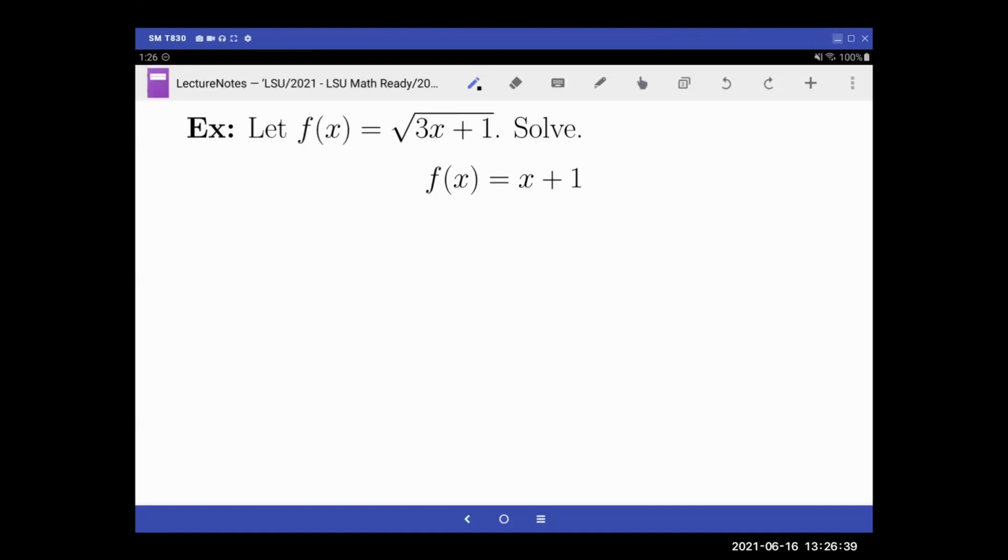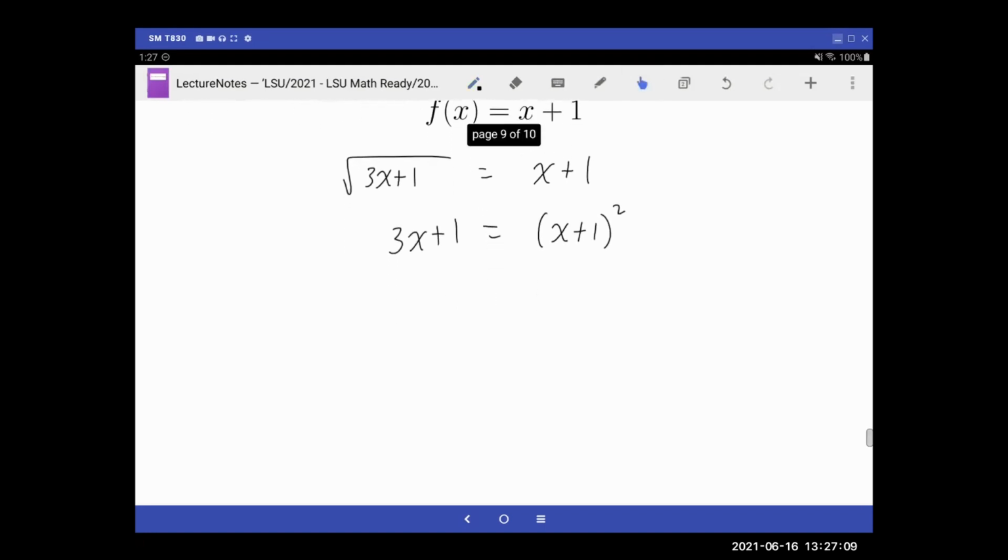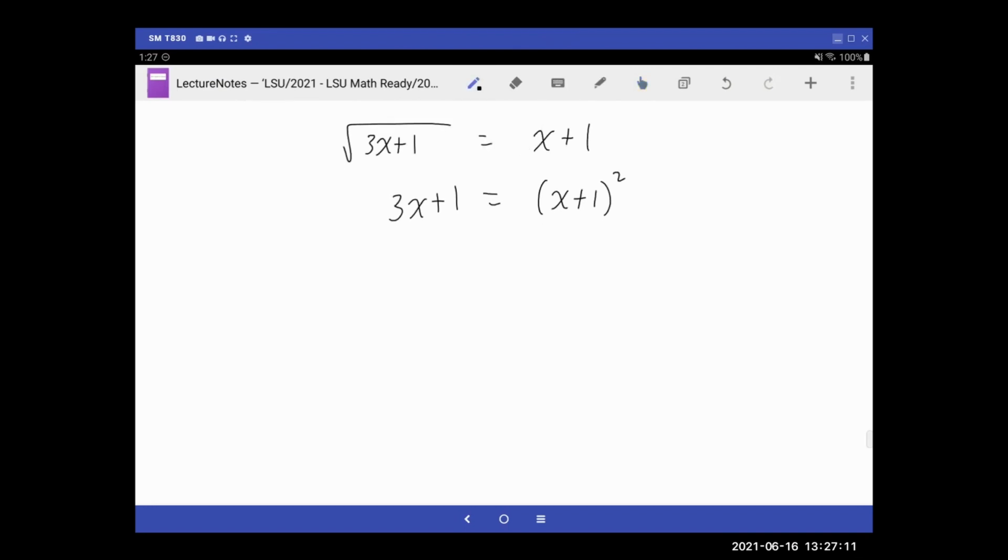So we're going to say f of x is the square root of 3x plus 1. Set that equal to x plus 1 and solve it. So the square root of 3x plus 1 equals x plus 1. Let's get rid of the square root on the left by squaring both sides. So that'll give me 3x plus 1 equals x plus 1 squared. Let me multiply x plus 1 squared out.